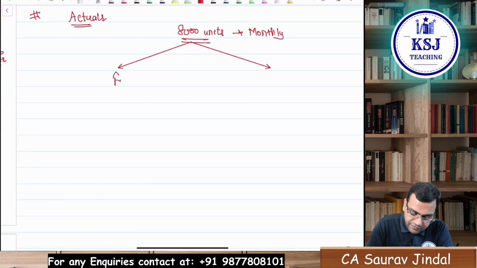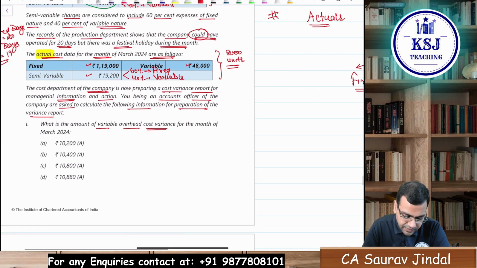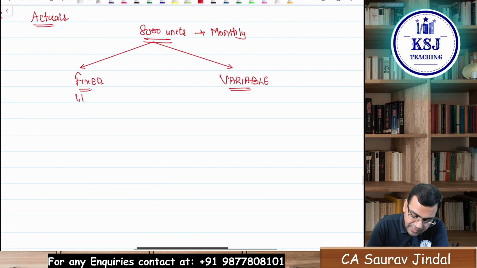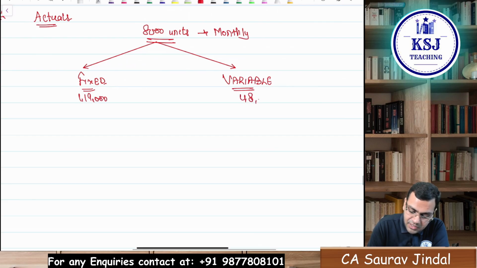So we have fixed overheads and variable overheads. What are given? 1,19,000 and the other side variable is 48,000.